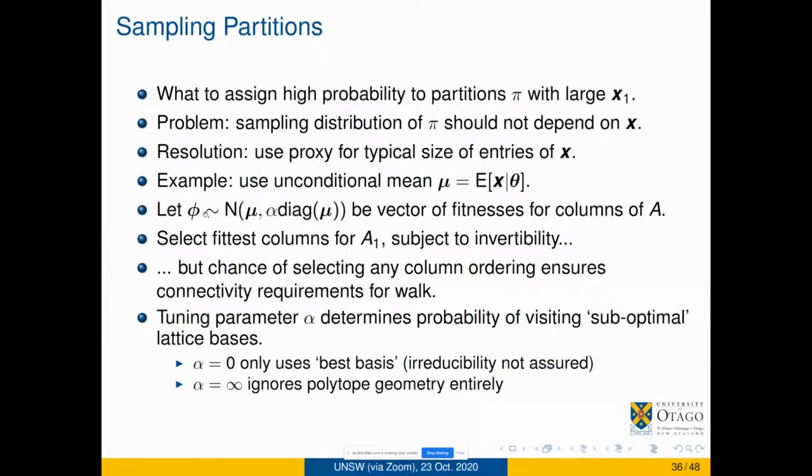If alpha is small, I have a very strong preference for only the fittest columns of A going into A1. In fact, if I set alpha equals 0, I only get the best lattice basis, corresponding to the longest moves possible on average. If I chose alpha equals infinity, then there'd be no preference in the partition. I'd just be selecting partitions of A at random, so I'd be selecting lattice bases at random.